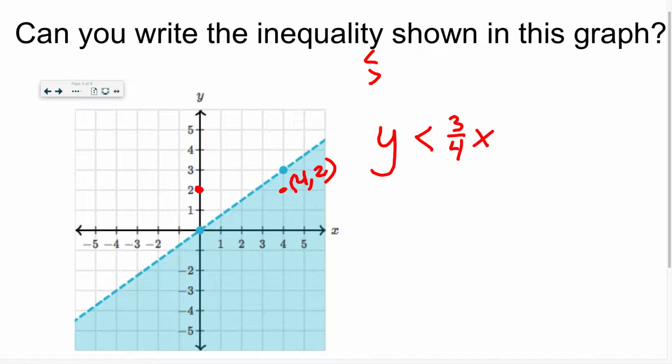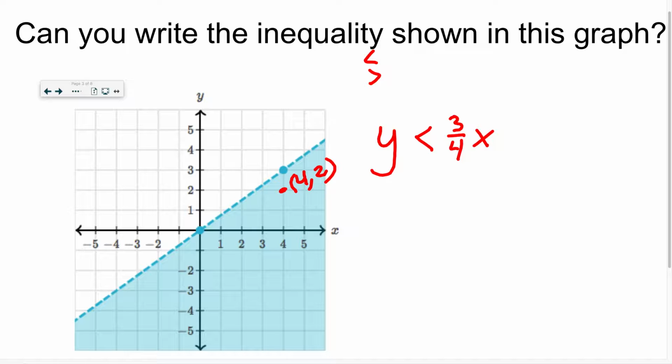That tends to confuse some of you, which is why when we started, we were looking for a coordinate that made it true, because it's easier to say, is 0 less than 2? Okay, 0 is less than 2, we're done. If you're going the other way, it's almost like a double negative. You're dealing with it being false and then you need to make it false. That could throw you off. Just be aware, depending on the coordinate you choose, what you're looking for.